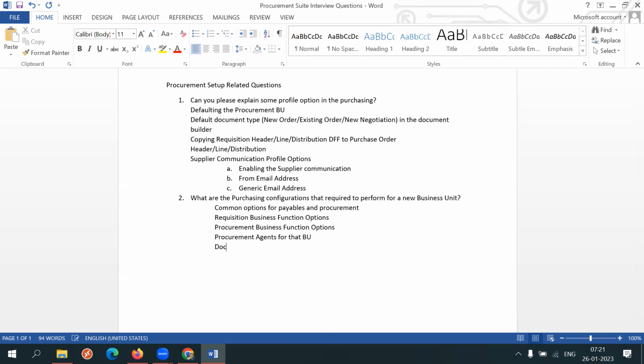Yes. Document numbering also. When you say document numbering, which document numbers are controlled at the BU level? Purchase order, agreement, requisition, RFQs.